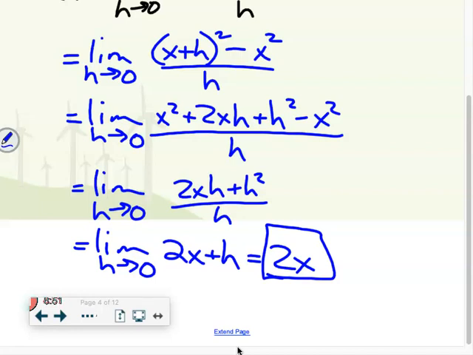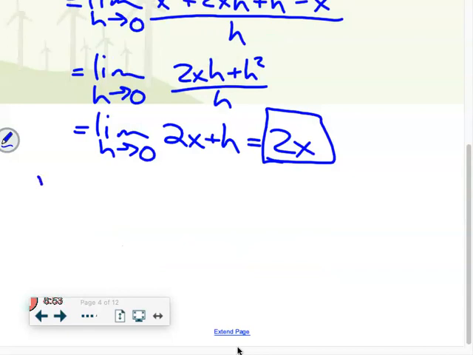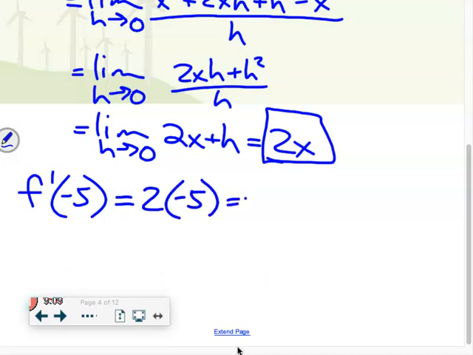So if I want the slope at -5, f prime of -5 is another way of saying the slope of f when x is -5. If I want this, I can just plug it into my new slope finding function, and I've got it. Does that make sense?